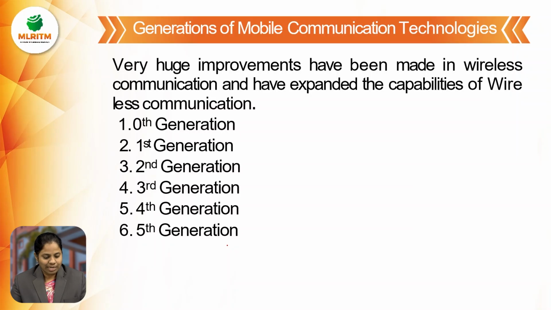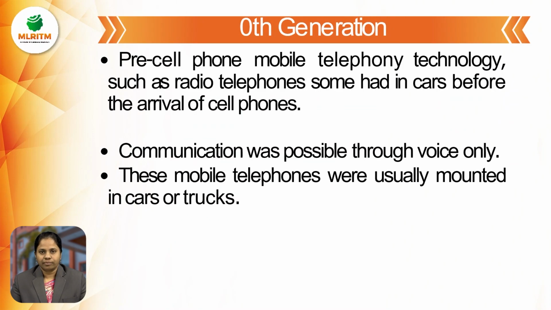Now, let us see in detail what has happened in each of these generations and how the improvements have been done compared to the earlier versions. Now, let us see the zeroth generation. This zeroth generation is known as pre-cell phone mobile telephony, where there were only radio telephones, which were in some cars before the arrival of cell phones.